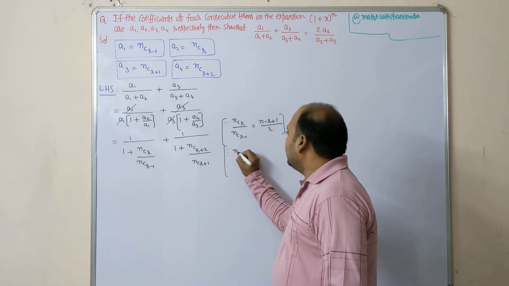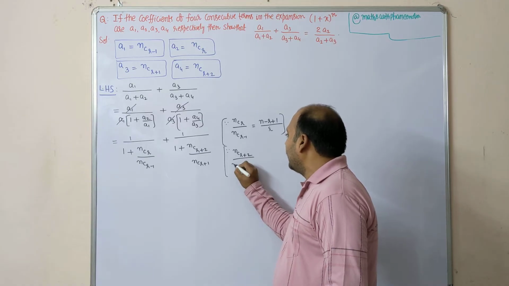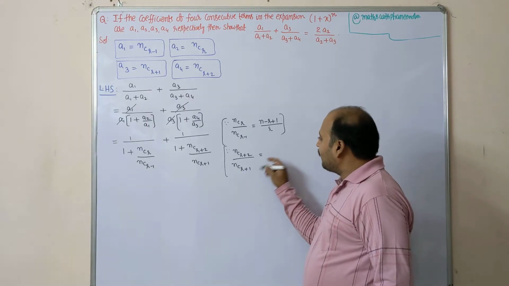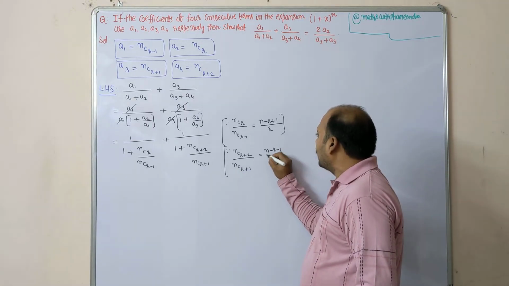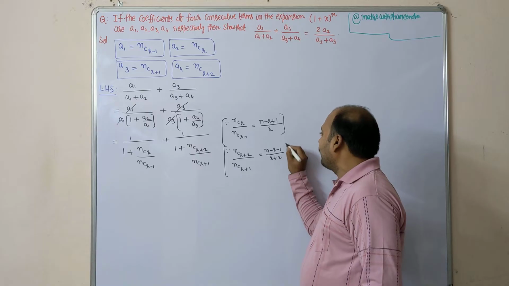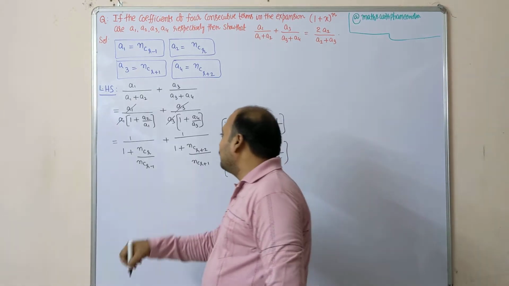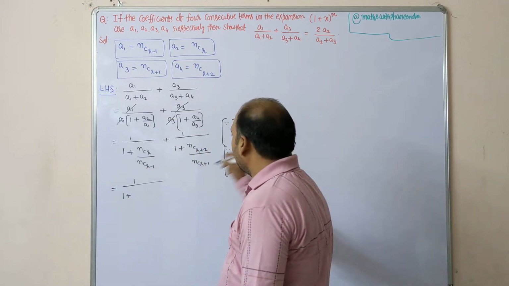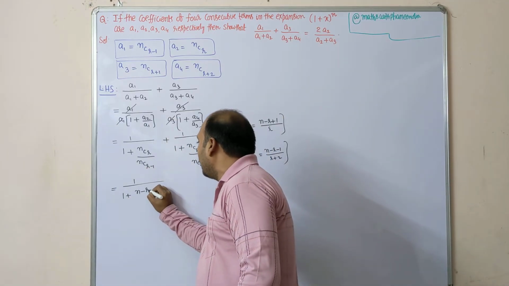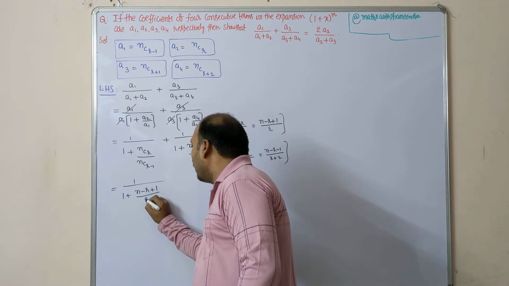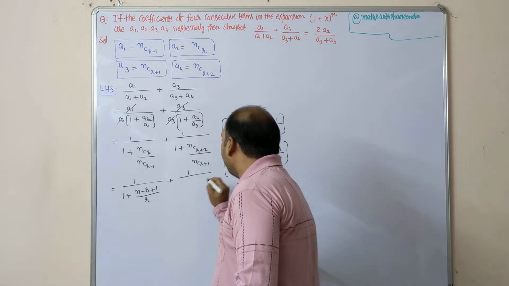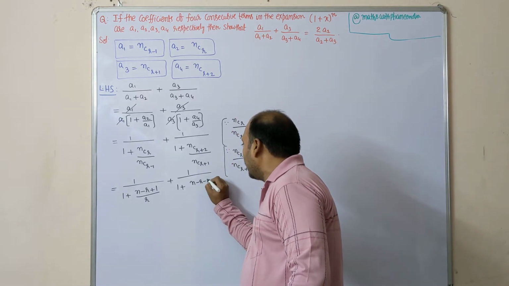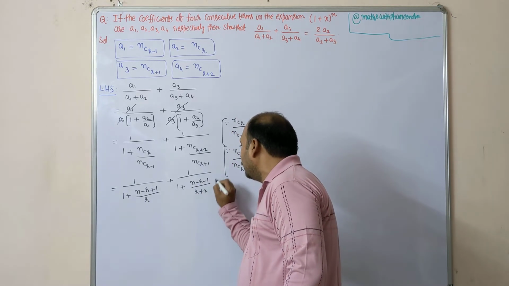Similarly, nC(r+2)/nC(r+1) equals (n-(r+1)+1)/(r+2), so (n-r-1)/(r+2). So these values substitute and simplify. 1/(1 + (n-r+1)/r) plus 1/(1 + (n-r-1)/(r+2)).